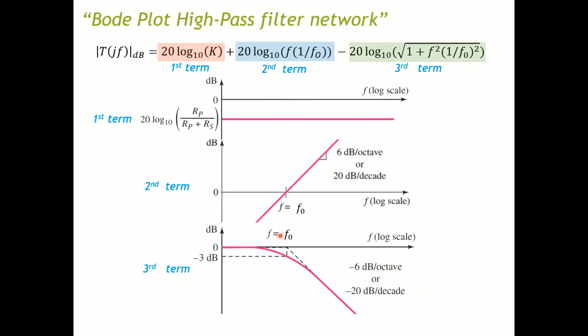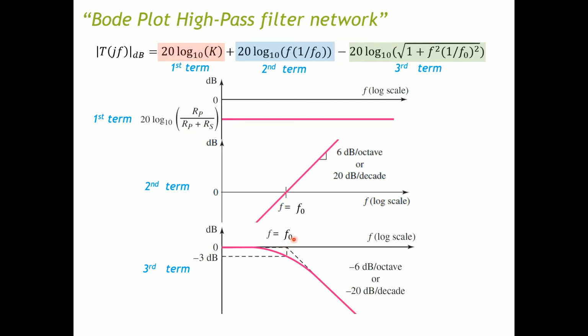So for the third term, when the frequency is a lot less than the corner frequency, the value of the transfer function is basically 0 dB. Okay, because when f is very small, this term will become 1. Therefore, the whole log term becomes 0. So when this term is very small, 1 is a lot larger than it, so this whole term becomes 0.